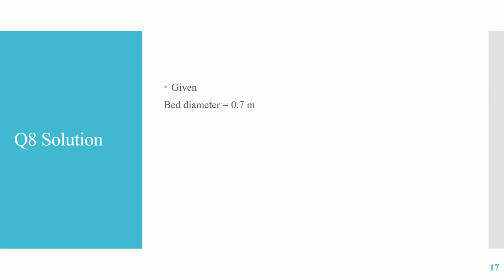So in the given, bed diameter is given, gas velocity is given, and solid fraction at the exit is given as 0.06, and the particle velocity is given as 0.1 meter per second. We need to find the slip velocity. The slip velocity formula is US is equal to UG by 1 minus epsilon SE, minus UP.